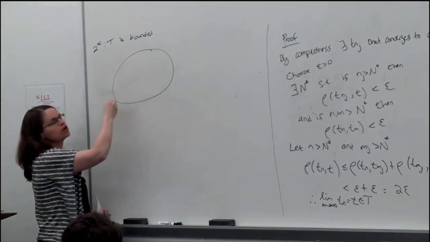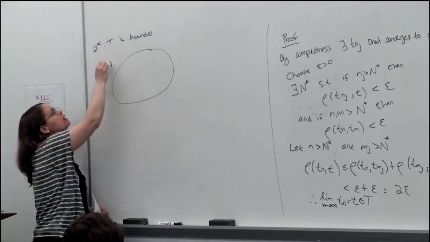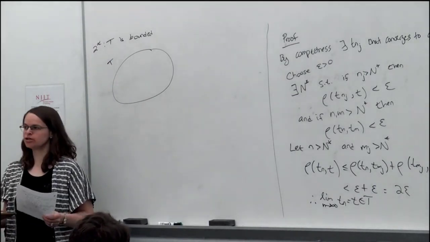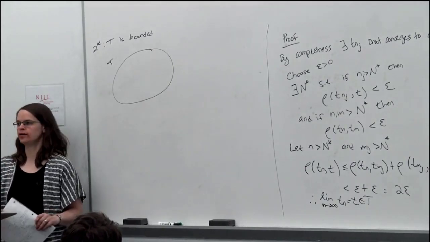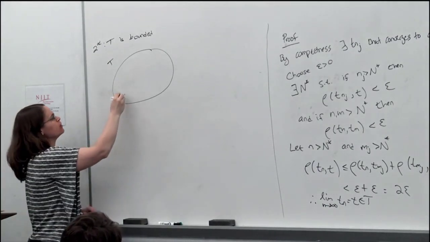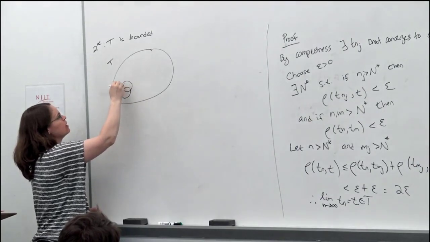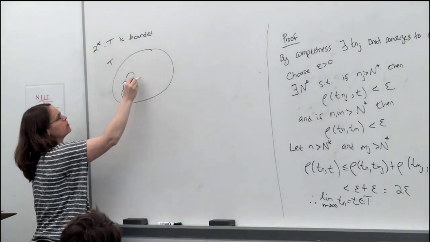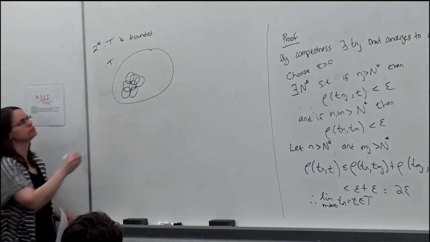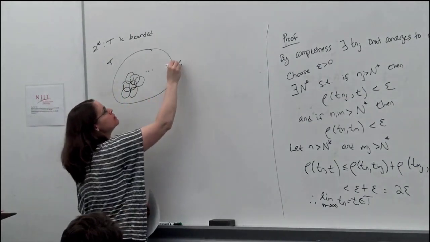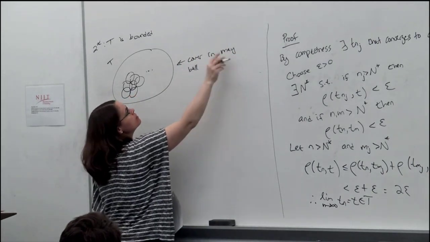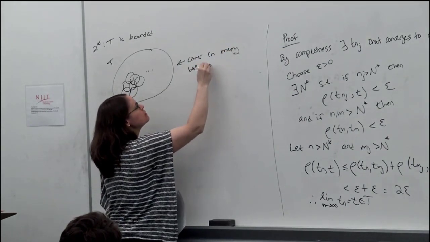I'm going to start by building an open covering of this set. Any open covering will do. I'm going to take a particular open covering where I just build balls of radius 1 around every point. It's overkill, probably. So I'm just going to start building lots and lots of balls of radius 1. There's too many of them. So let's cover in many balls of radius 1.